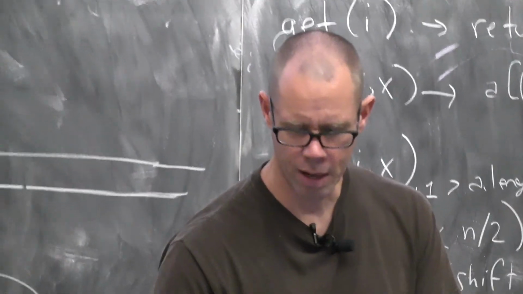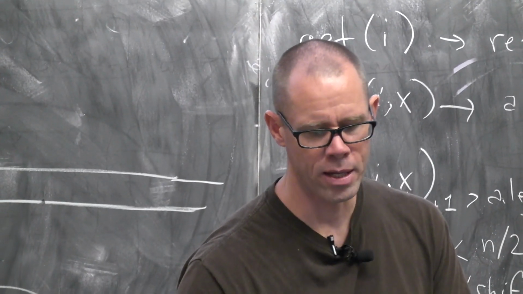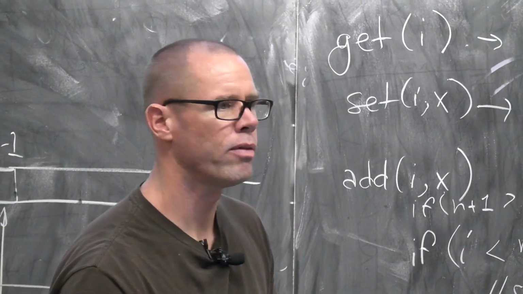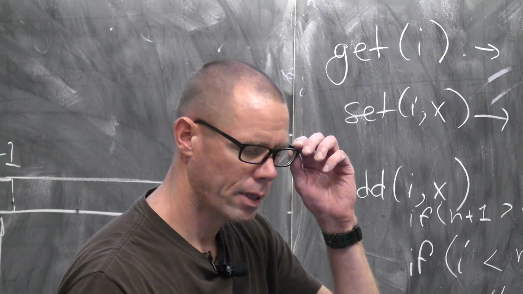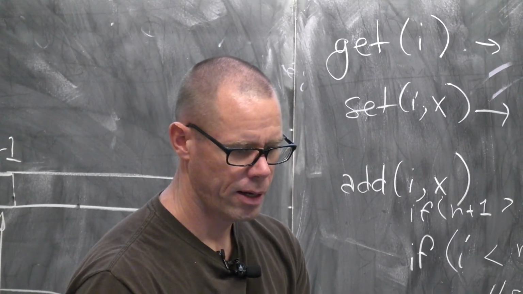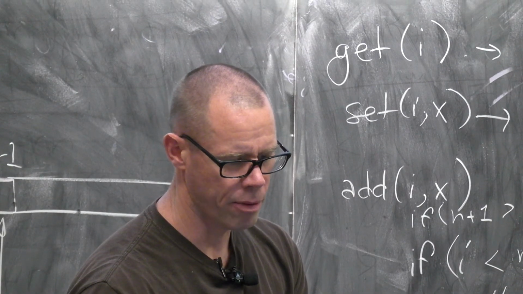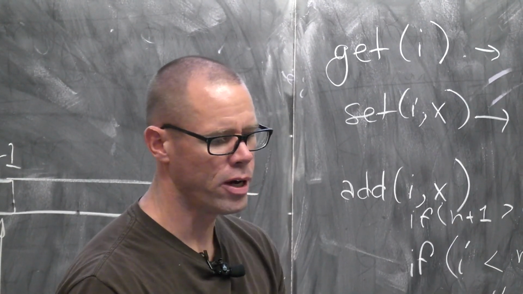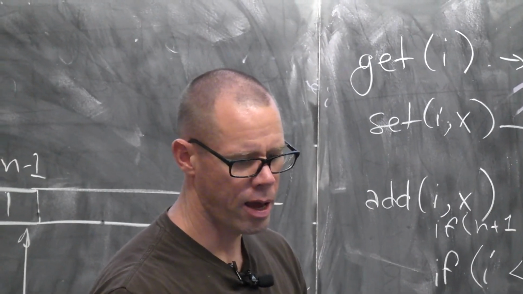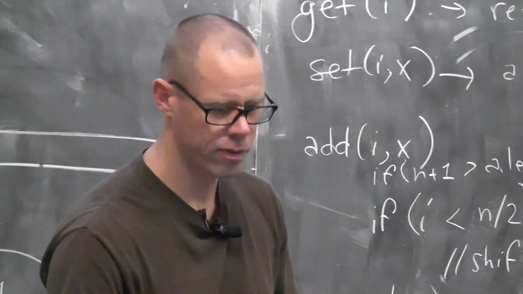So we do it just by checking if j is equal to 0. That's the only weird case. Then we set it to the length of A minus 1. All right. And remove is the same thing. There's a branch here, whether I is less than n over 2 or bigger than n over 2, and we shift appropriately.